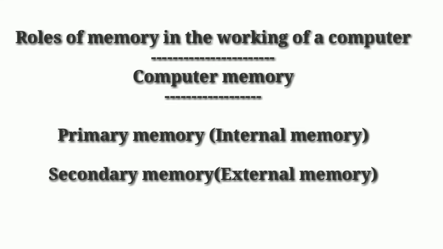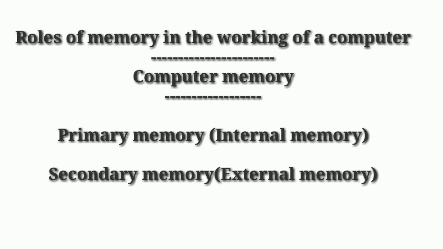What is primary memory? It is a basic memory and its location is inside the CPU box. Did you understand what I said? From its name itself, we can understand that it is a basic type of memory and its location will be inside the CPU box.